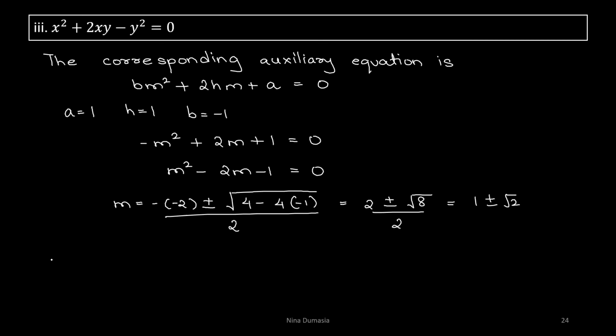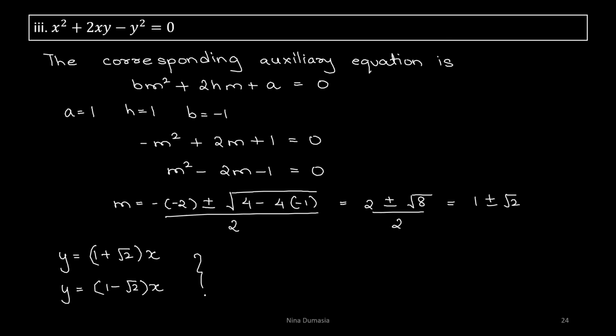So therefore our lines are, slope is 1 plus root 2, 1 minus root 2. And therefore our lines are y is equal to 1 plus root 2 into x, that is y is equal to m1x, and the second line is y is equal to 1 minus root 2 x. These are the separate equations. We can take everything to one side and write it.